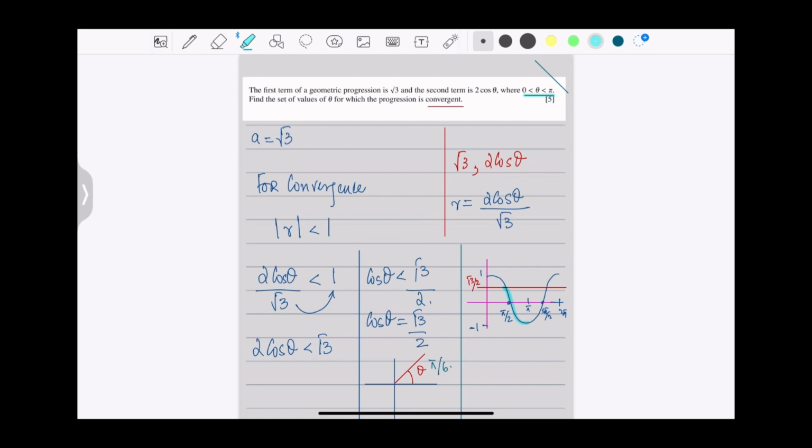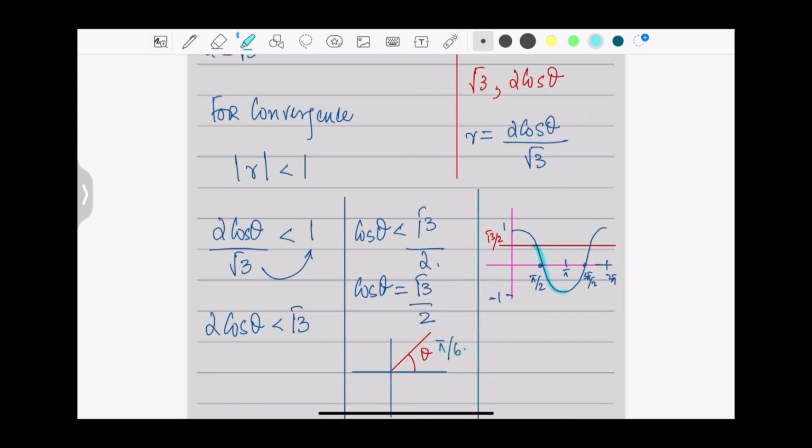We don't care about what is ahead of it; all we are focused on is until pi. So at this intersection, the value of theta is pi over 6. And I can say that theta lies between pi over 6 and pi. This is how the modulus of r is going to be less than 1, and hence converging.